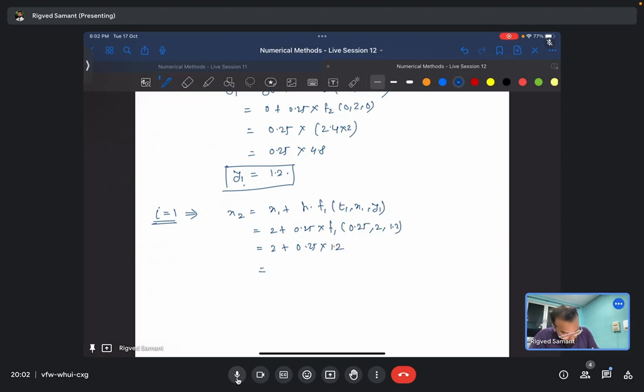So 2 plus 0.25 into 1.2, is it 1.2 divided by 4, that is 0.3, so 2.3. So this is nothing but x of 0.5 is equal to 2.3.